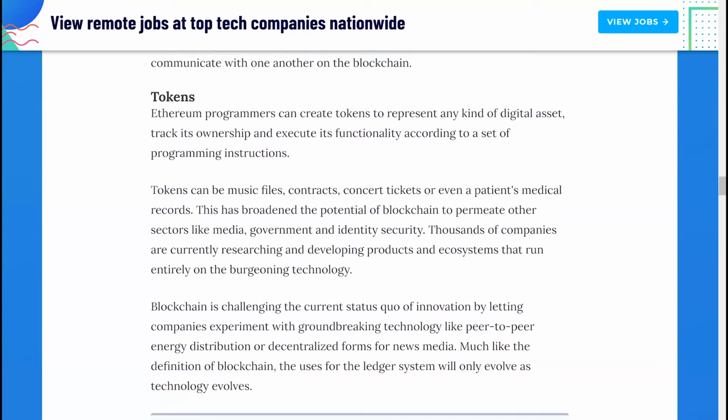Tokens. Ethereum programmers, and honestly, now you could really just say crypto programmers, can create tokens to represent any kind of digital asset, track its ownership, and execute its functionality according to a set of programming instructions.